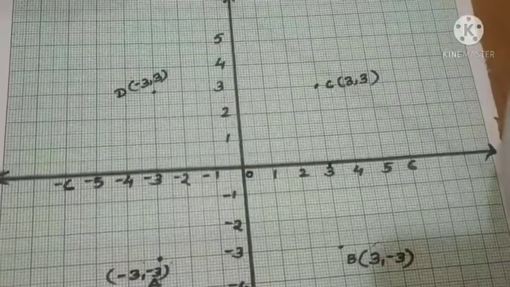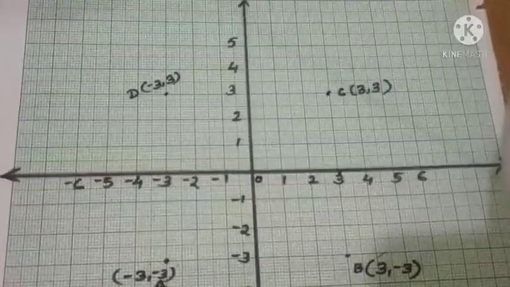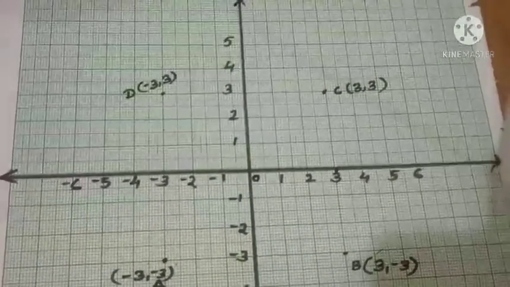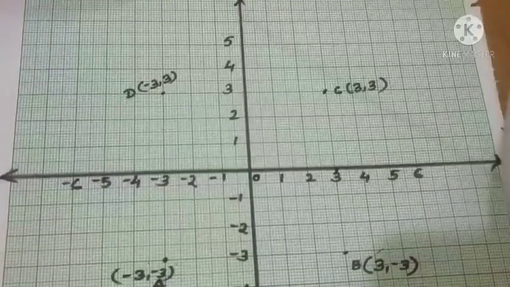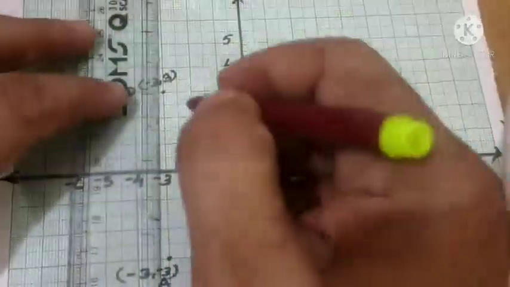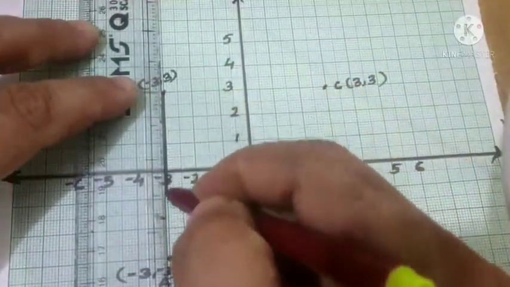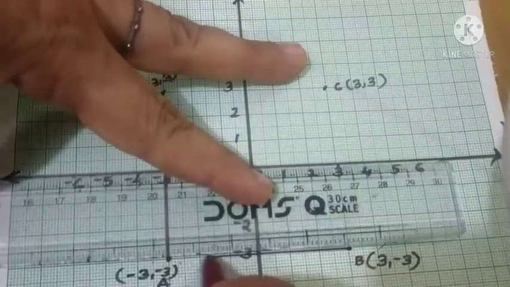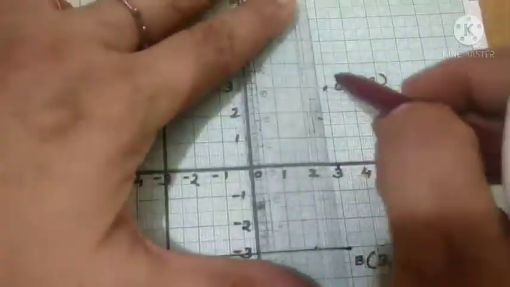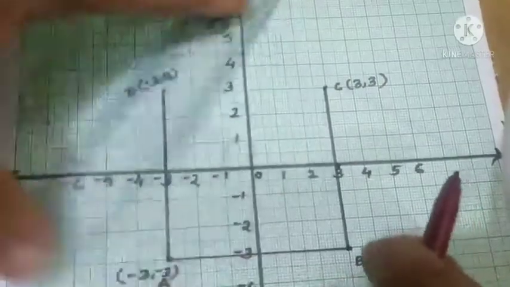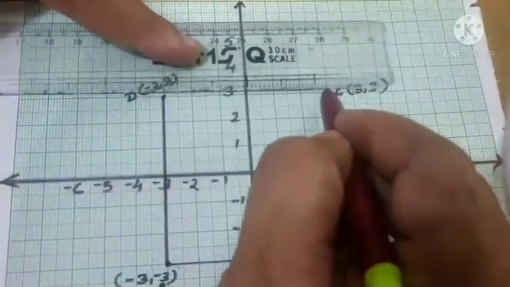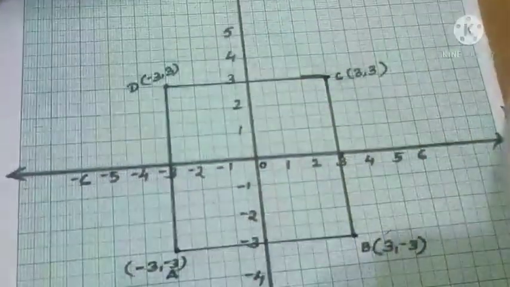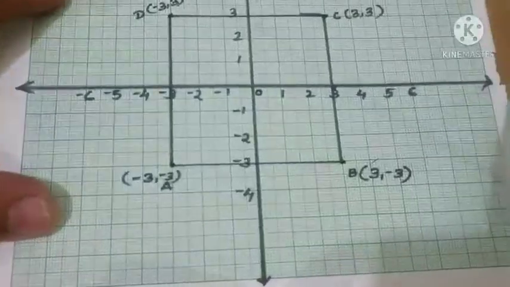Next, find the length of the line segment AB. The length of AB is asked here.